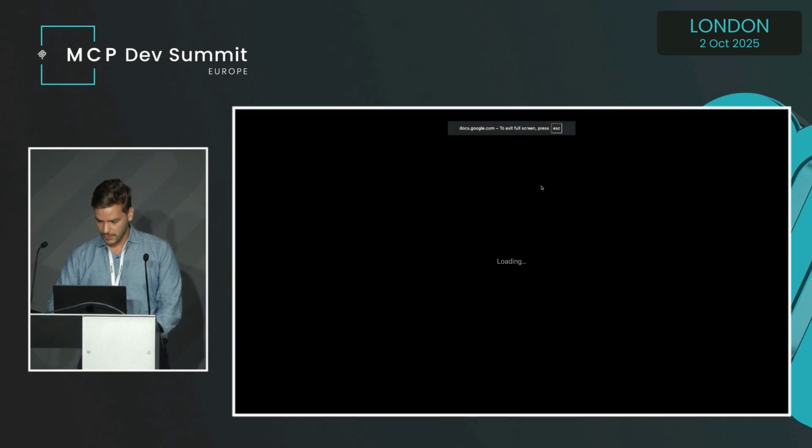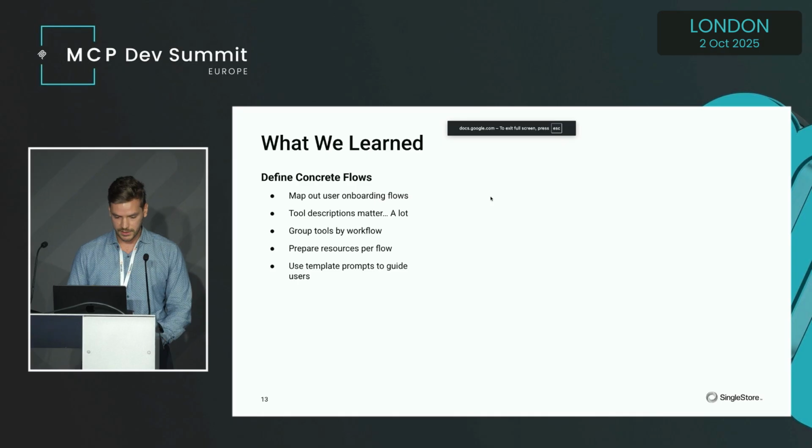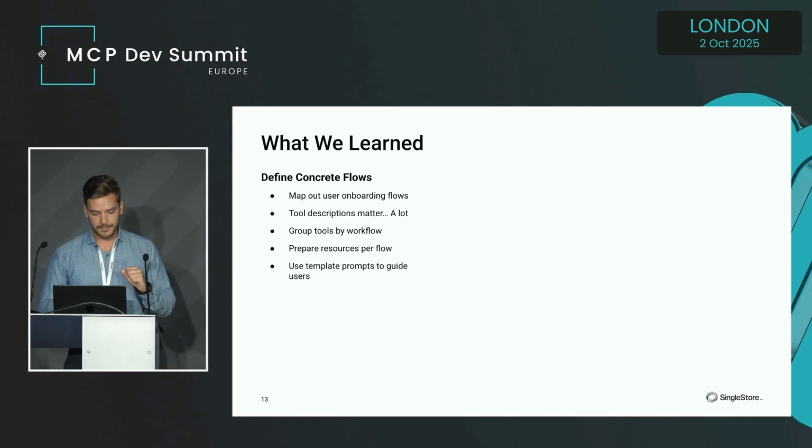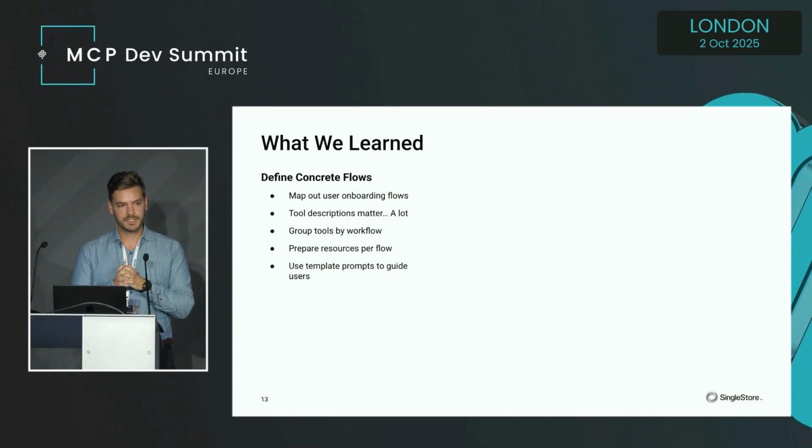So now quickly going back to the presentation, what did we learn from using MCP to onboard users and using it in production at SingleStore? The first lesson that I would like to say to you is that you should, both as an engineer and as a product manager, the same way as you think about the product itself and not how you built it, define concrete use cases or concrete flows.